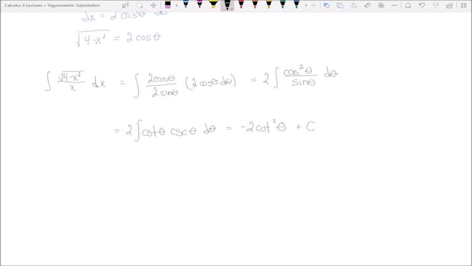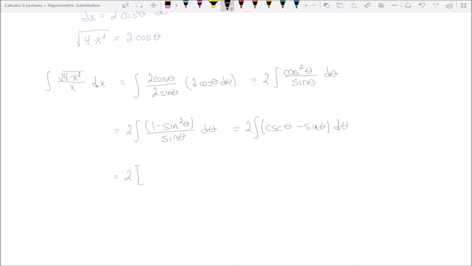Oh, I'm sorry, I did that wrong. No, this would have been cotangent times cosine, which is not helpful. So instead, let's rewrite it this way: 1 minus sine squared theta all over sine theta. This then becomes 2 times the antiderivative of cosecant theta minus sine of theta d theta.